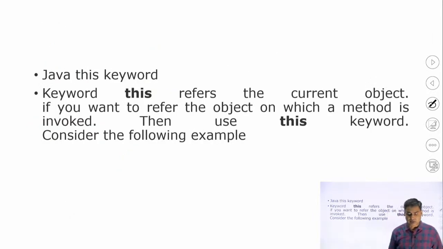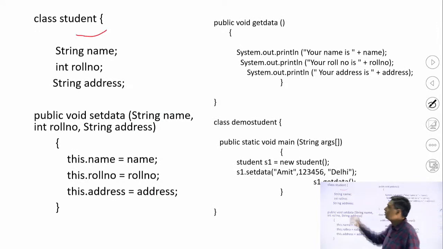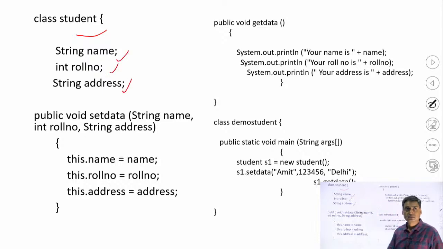Next I am going to discuss the this keyword. If you want to refer to the current object of the same method, then we use the this keyword. Let us understand with the help of an example. We have a class Student and three variables are defined: name, roll number and address.